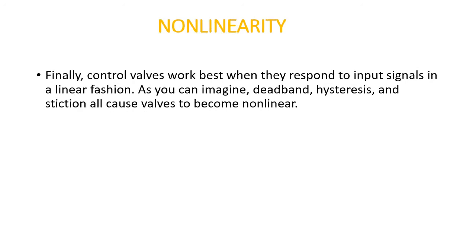And another thing is nonlinearity. Nonlinearity means even if you are increasing the signal in a linear fashion, suppose there is a valve, and this is the input and this is the output, you are increasing the signal in a linear fashion, but the valve output is not linear. It may be like this.